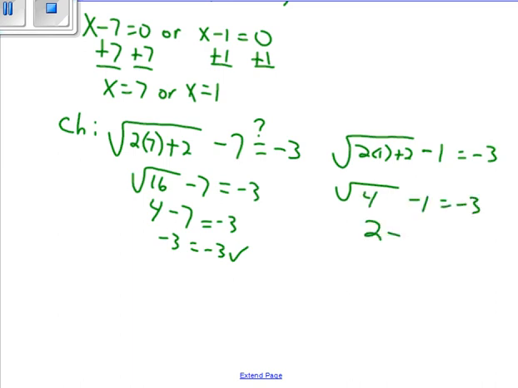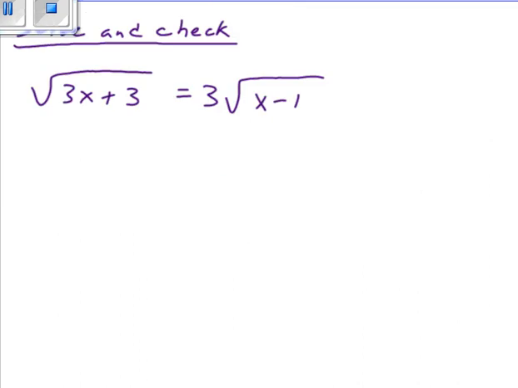And then 2 minus 1 equals negative 3, and that is not true. 1 does not equal negative 3. So that can't be a solution. So my only solution is going to be x equals 7, x equals 1 is excluded. So next page, all right?